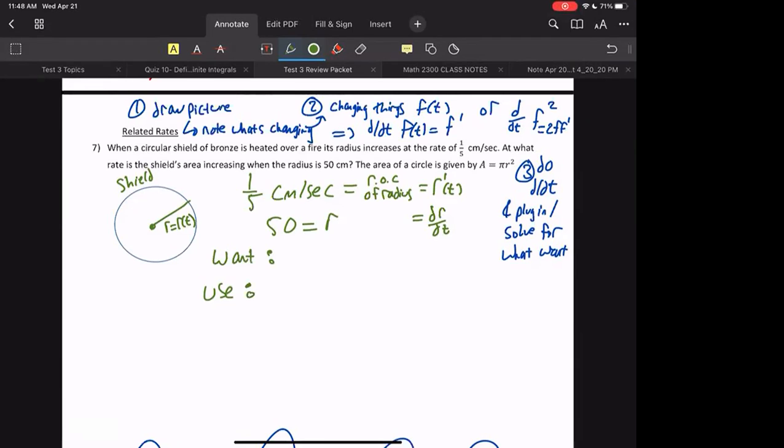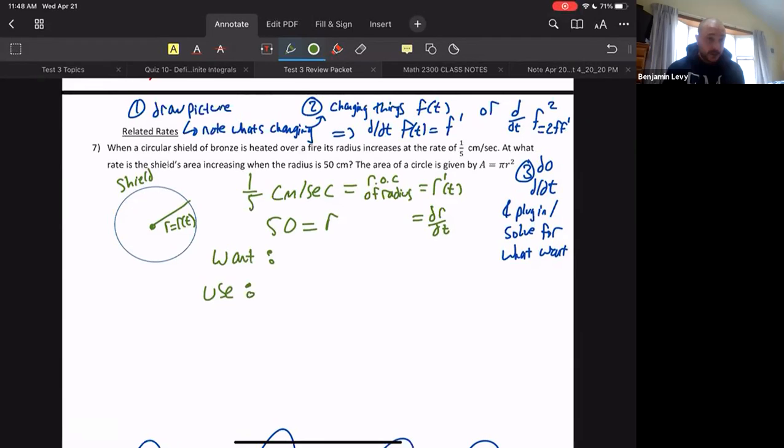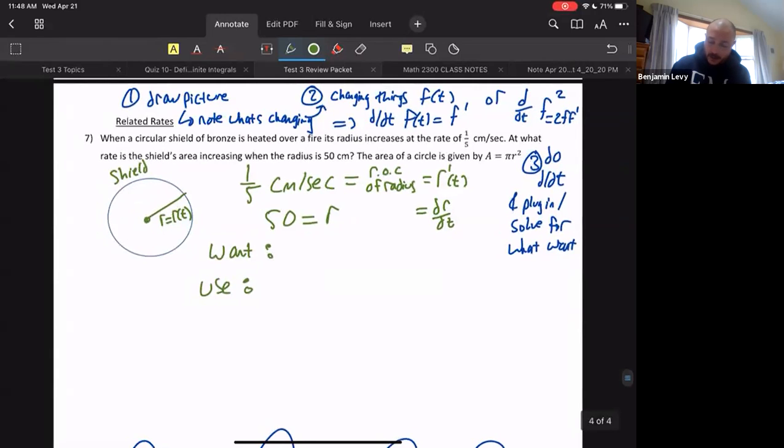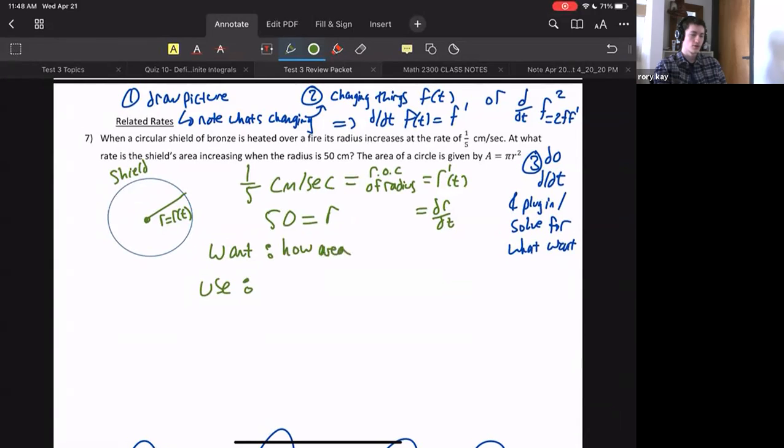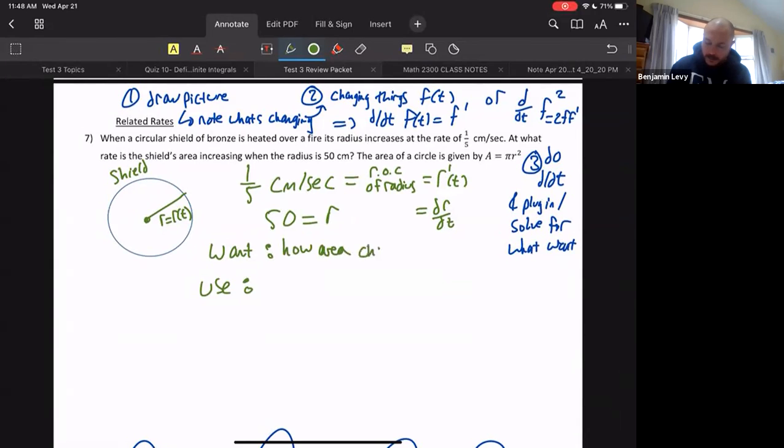So that means it's also changing? Yep, so area is changing. How do we say that in calculus terms? The derivative of area. So dA dt. That's how the area is changing.